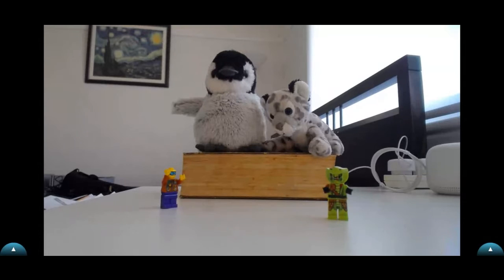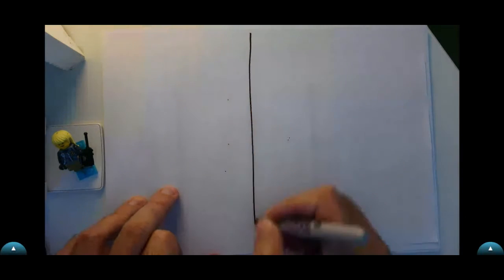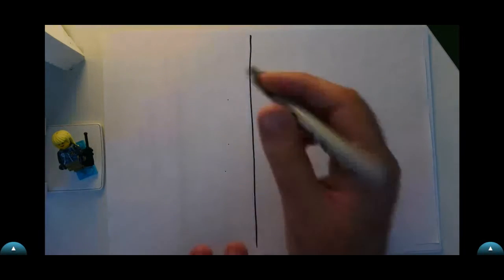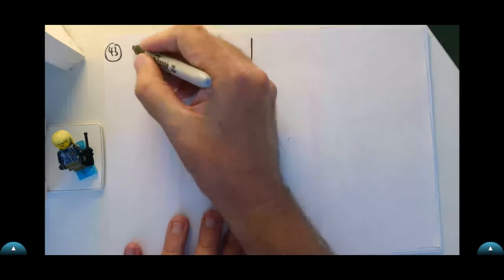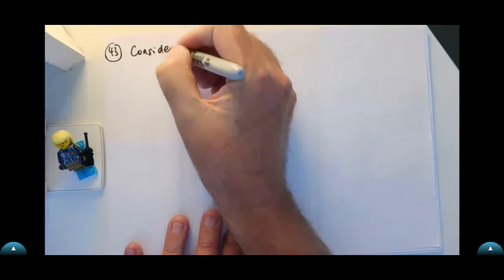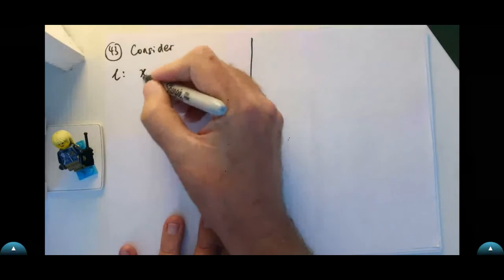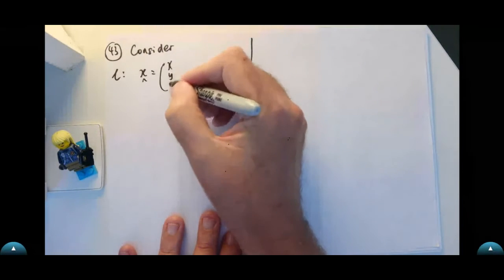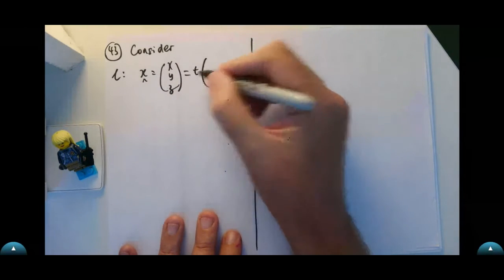All right, so let me go to my document camera. All right, so this is question 43. All right, so consider the line L. And here the parameter is t.